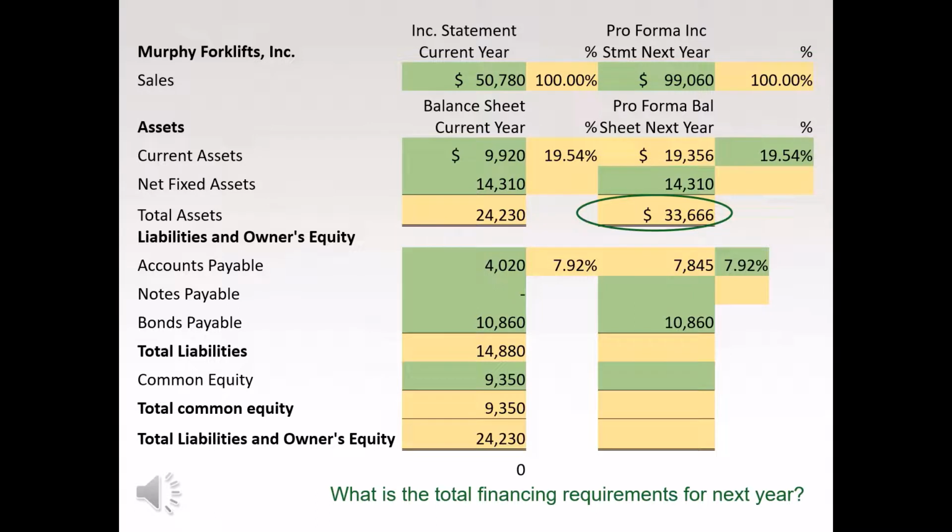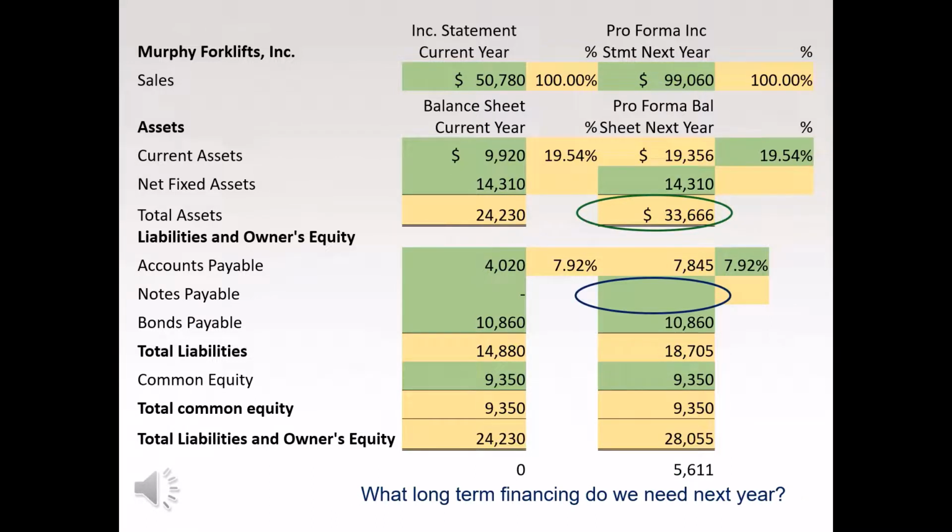Unless we know that we have issued additional bonds, our bonds payable account won't change. So right now in our balance sheet, we have 18,705 total liabilities. We also have common equity of 9,350. That gives us total common equity of 9,350.